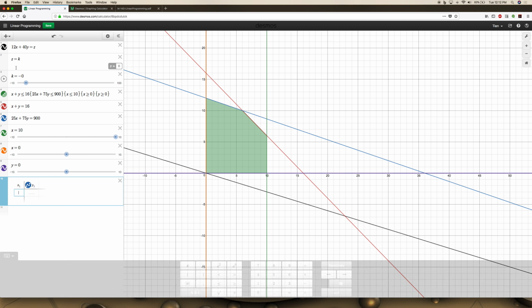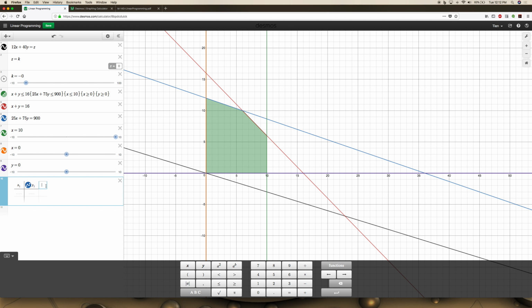So let's go in and insert a table with x1, y1, 12x1 plus 40y1. So by putting, for example, 0, 0, it tells me that 12x plus 40y will be 0, which, duh, we knew that, right? What's my next point say?